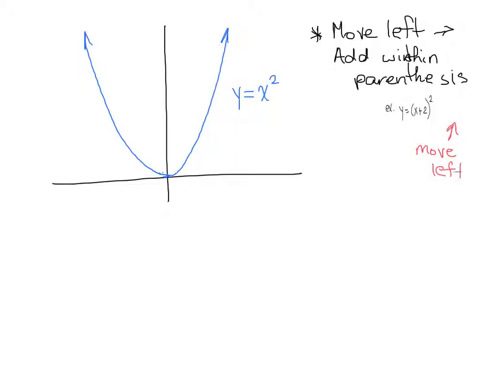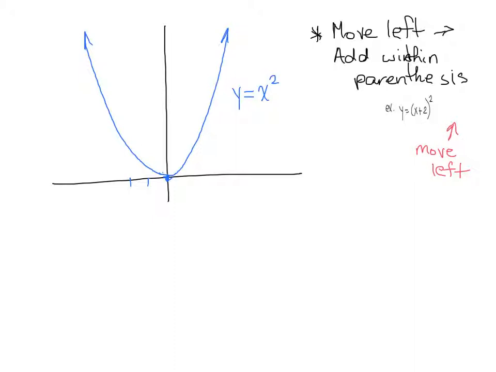So before, our vertex was at 0, 0 for our simplest graph, y equals x squared. Now we're going to move to the left 1, 2 positions, but the shape of the graph will remain the same. It's not wider or thinner because we don't have an a value here. If we did, it would be wider or thinner, but we don't, so that's okay.